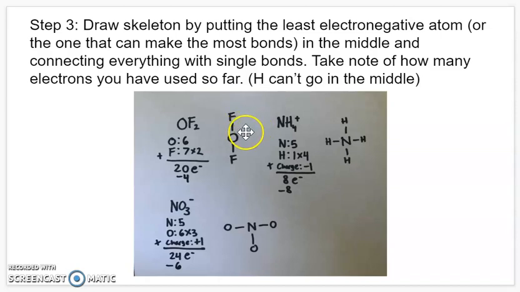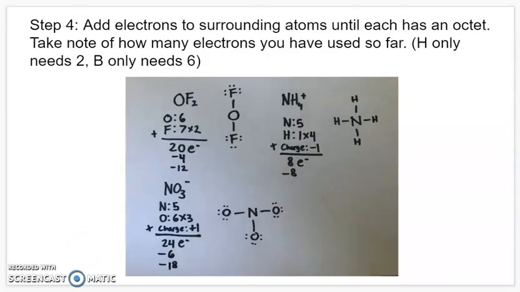So each line I drew counts as 2 electrons from the total. So that's why I subtracted 4 from the 20. So we're going to have 16 left for this one. For this one, I used all 8 already. So this one has already run out of electrons. And that's not a problem. We'll look at that in a sec and make sure that our molecule is correct. And then for this one, I made 3 bonds. That's a total of 6 electrons being subtracted from the total.